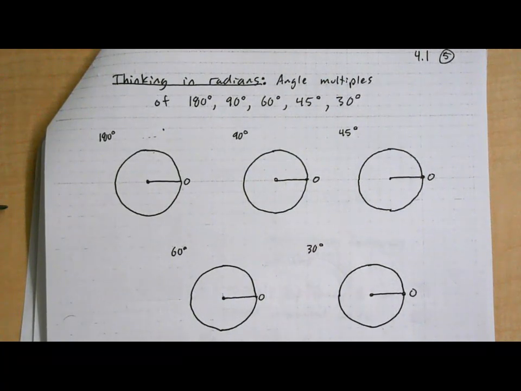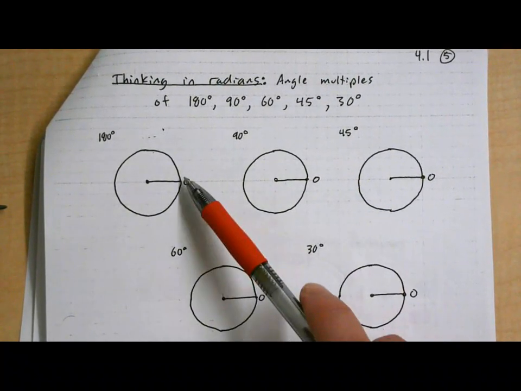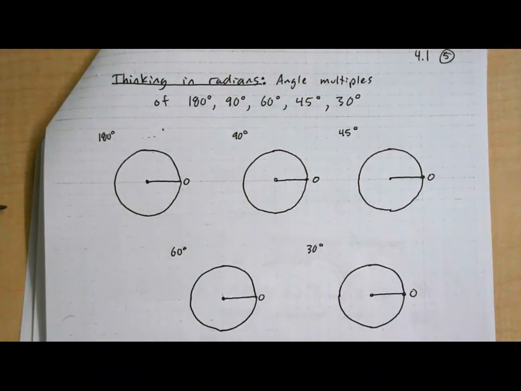Somebody decided a long time ago that that's how we were going to do it. So when we're talking about a position around a circle, 0 degrees is usually going to be on the positive x-axis. That changes if we get into navigation, where 0 degrees is due north. On the unit circle, 0 degrees is to the right.